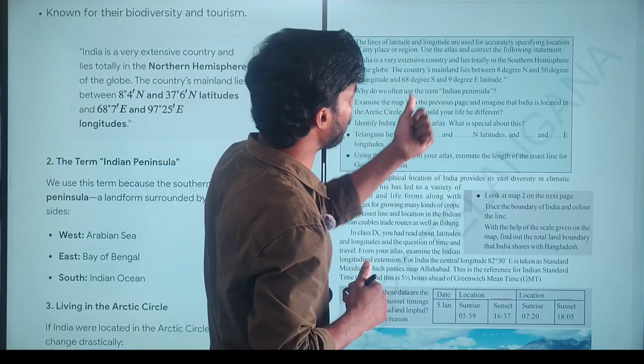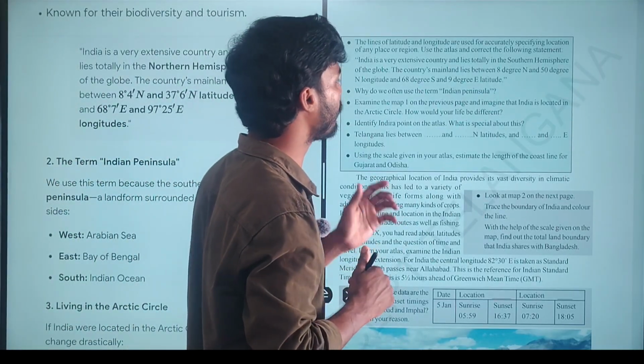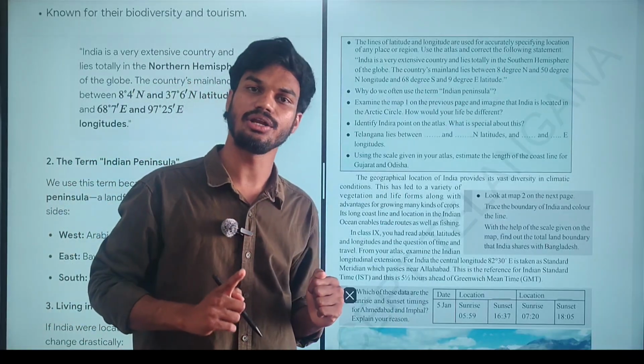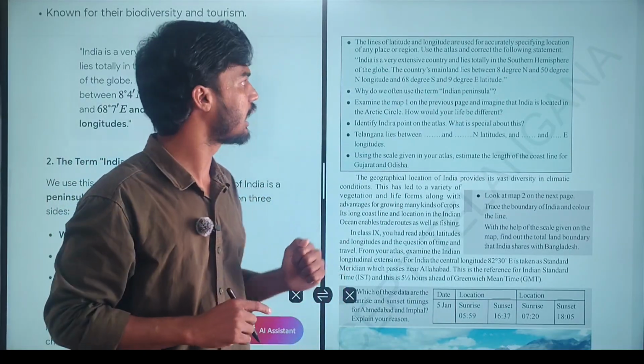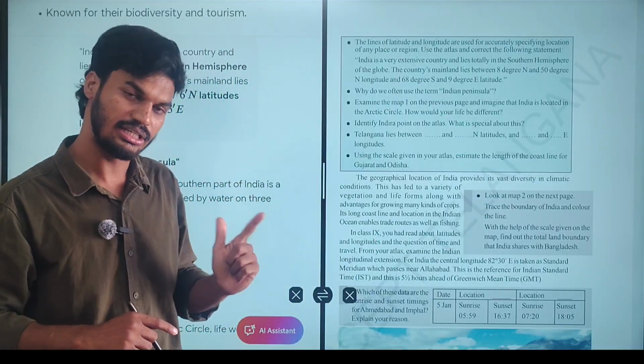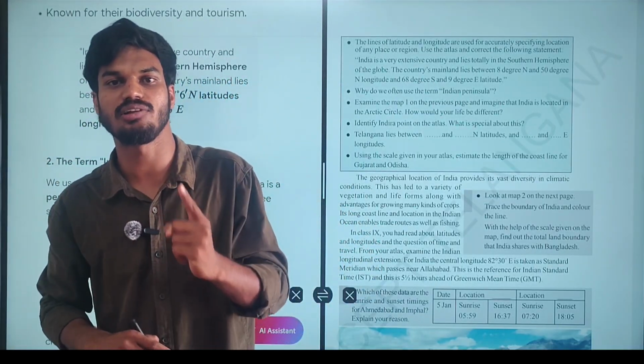The lines of latitude and longitude are used for accurately specifying the location of any place or region. As I said in the previous slide, the use of latitude and longitude helps in locating any place or region. You have to know the difference between latitude and longitude.